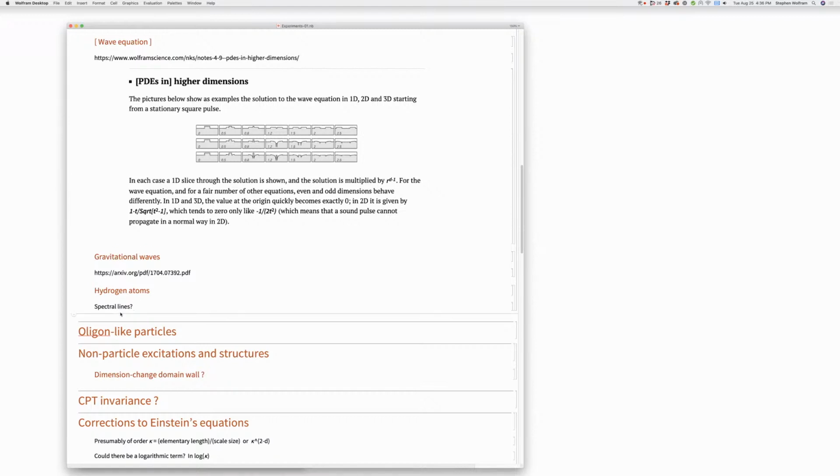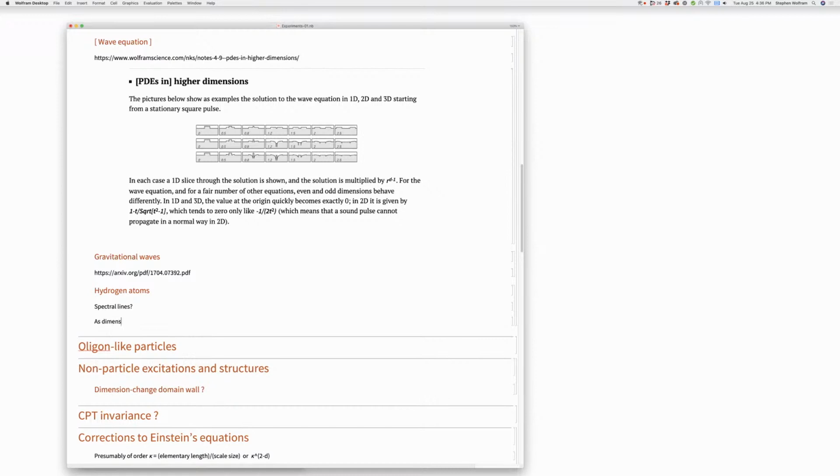As dimension changes, the orbital angular momentum will work differently. Momentum states will work differently. So that means the multiplicity of spectral lines will work differently.